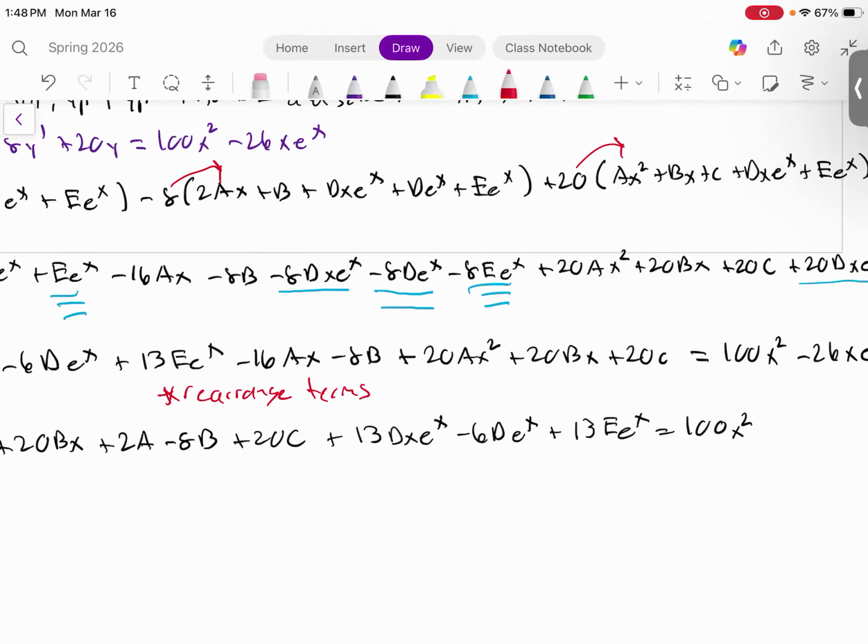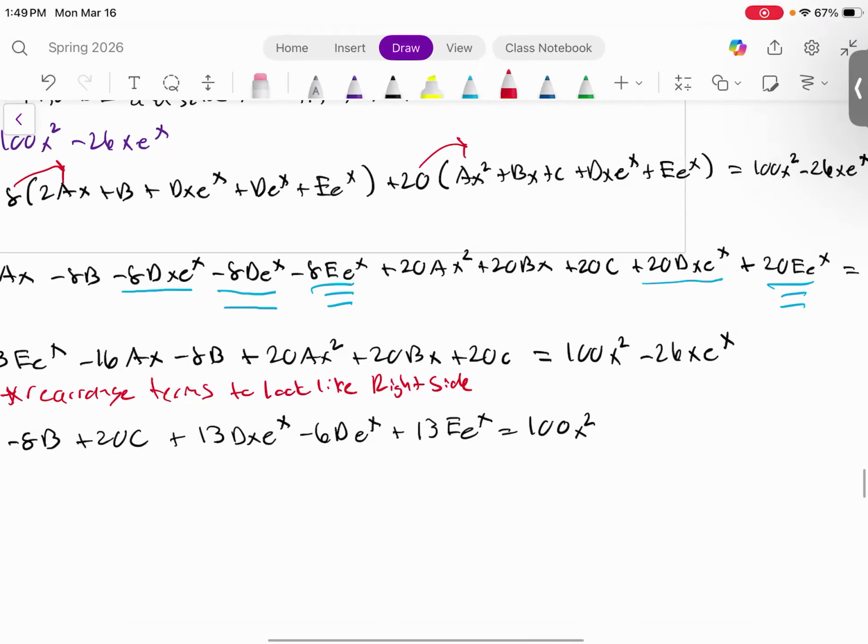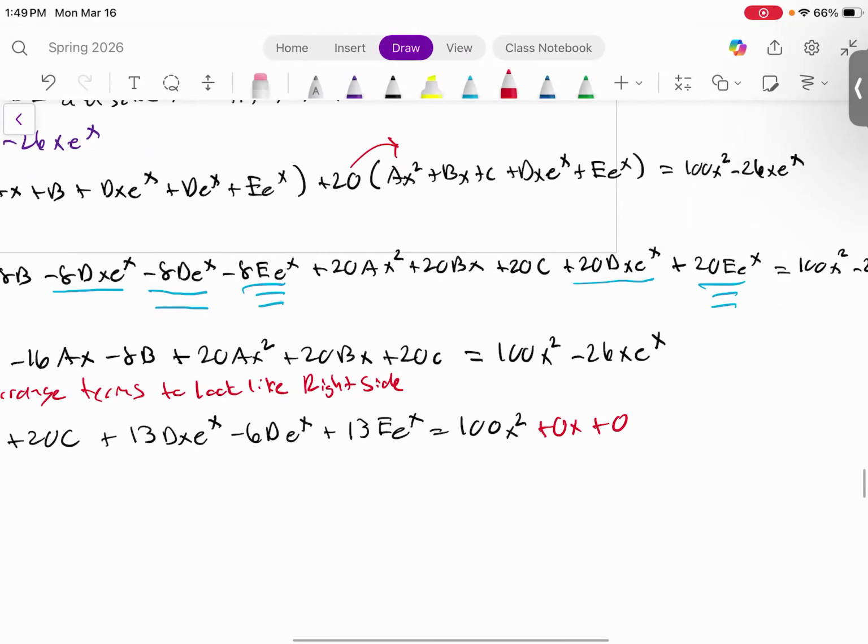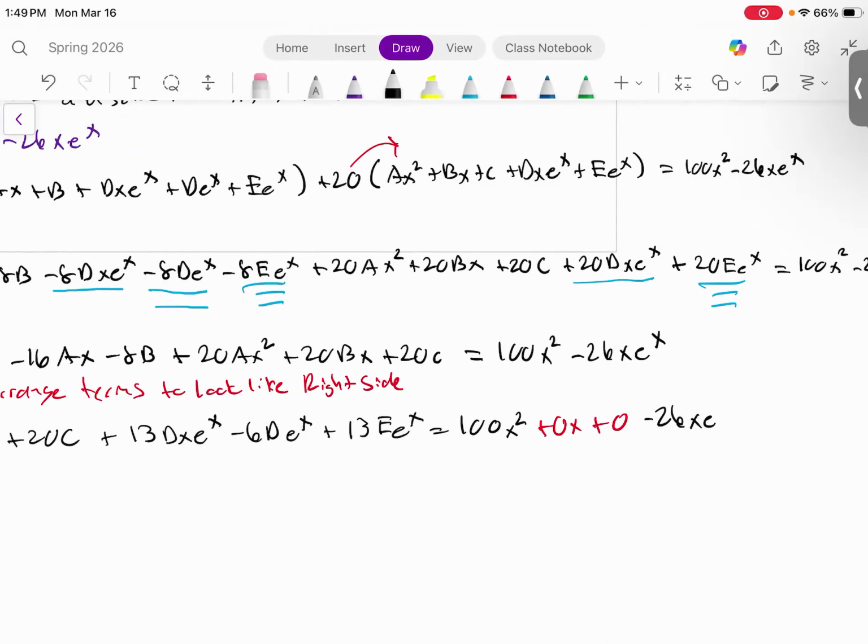And so this is where we rearrange terms to look like the right side, because this right side would be 100x squared, but I'm missing the x term and the constant. So it would be 100x squared plus 0x plus 0 minus 26x e to the x.